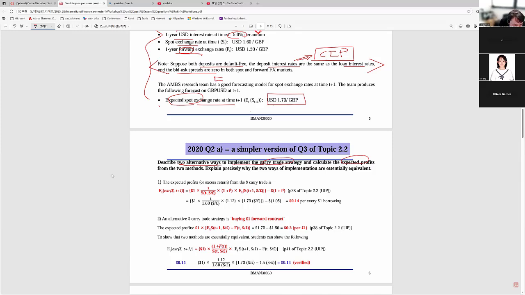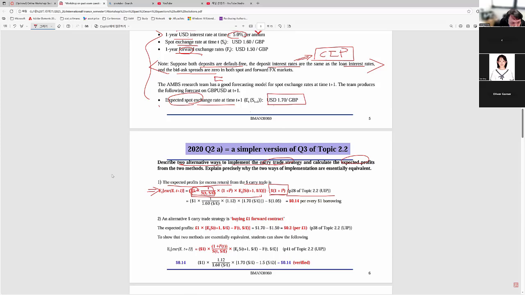Once you do that, the expected profit or excess return from the dollar carry trade strategy will look like this. This is page 28 of the topic 2.2 UIP slide. So what you have here is, when you borrow dollar, this is the one you have to pay back after 1 year. Once you borrow, you convert dollar into pound, that's this part.